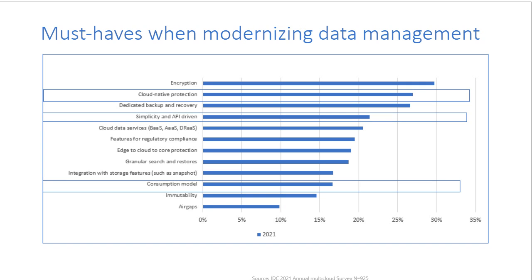So there's this belief that legacy data protection technologies or data management technologies don't give that cloud-like experience, which is very important for newer personas like developers who want to take charge of adding data management and take charge of operations as well. So these capabilities are very important for newer personas.